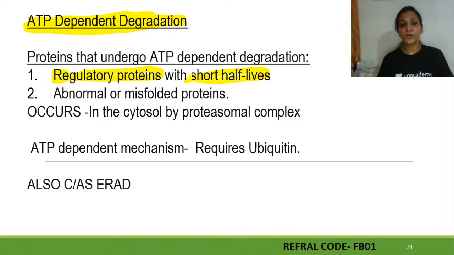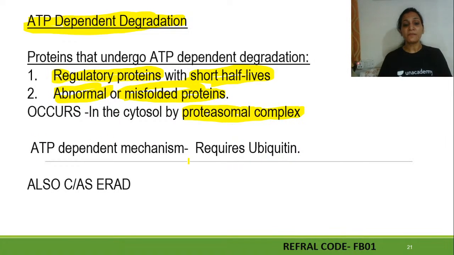Proteins which have a very short half-life will undergo ATP dependent degradation, and abnormal or misfolded proteins also undergo ATP dependent degradation, right? The process of ATP dependent degradation occurs in a special place, the proteasomal complex, which is in the cytosol only.